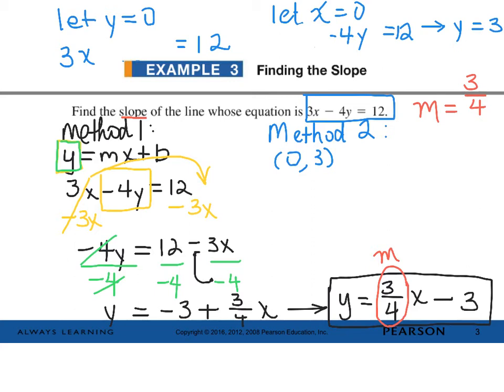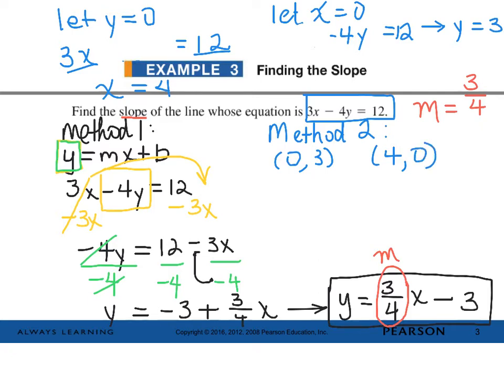And that tells us then that 3x is equal to 12. And x is 12 divided by 3. So that tells us that x is equal to 4. And that gives us the point 4, 0.